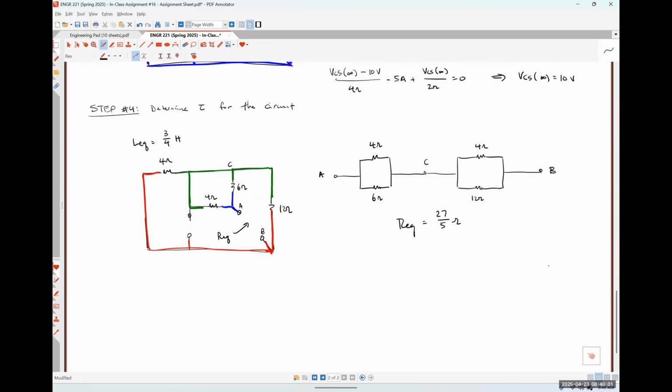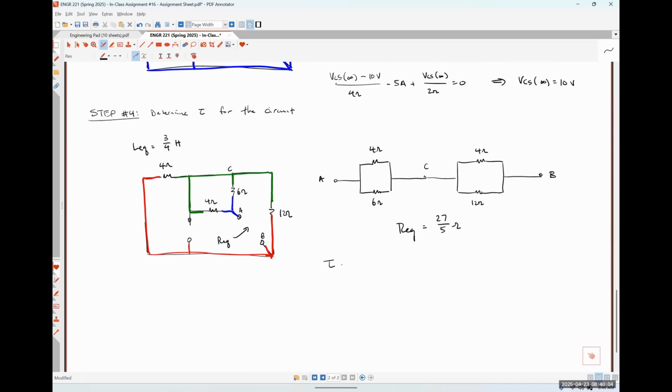From here, my time constant tau is simply LEQ over REQ. So that is 3/4 of a Henry over 27/5 of an ohm, which I get to be 5/36 of a second.